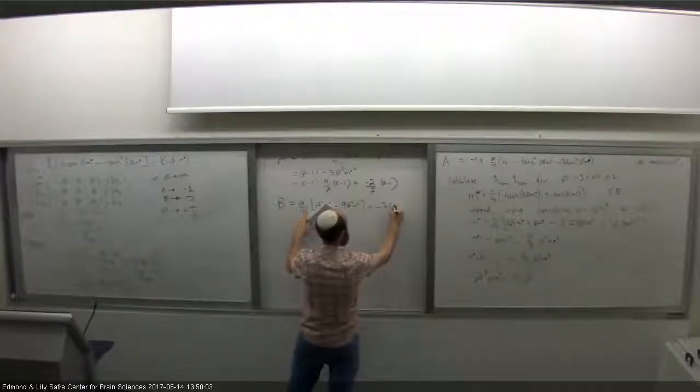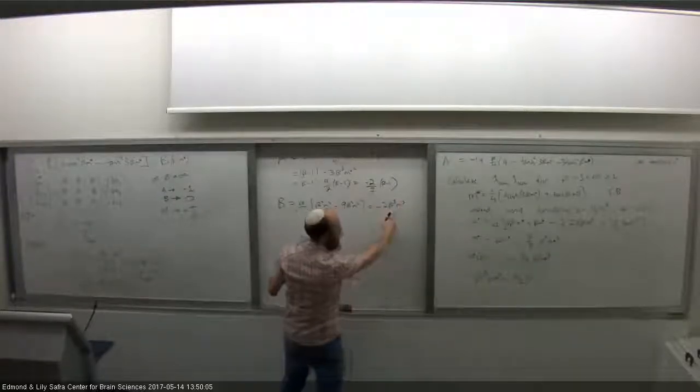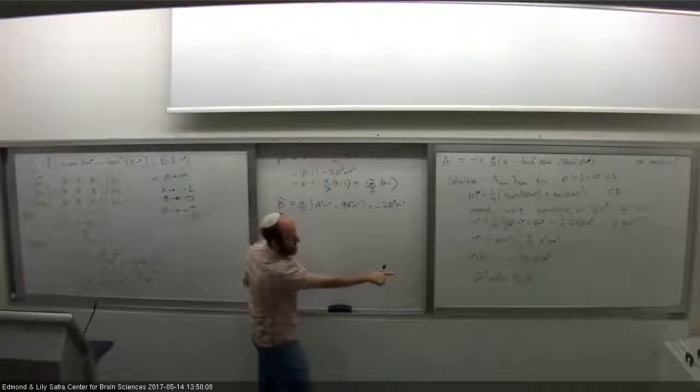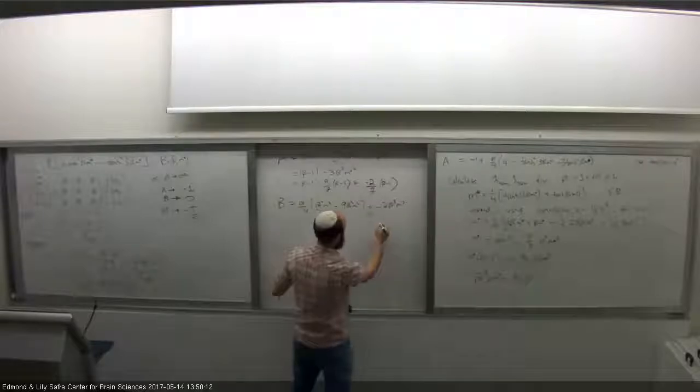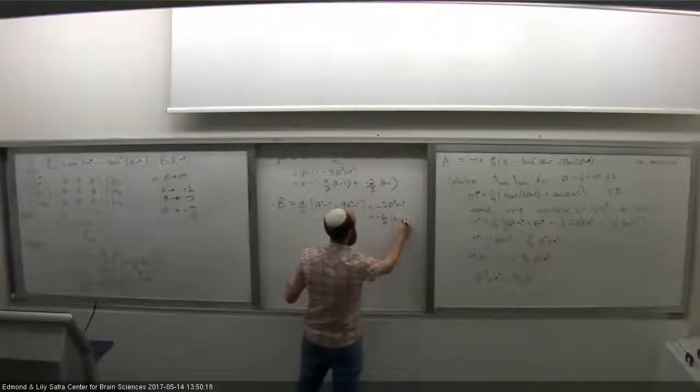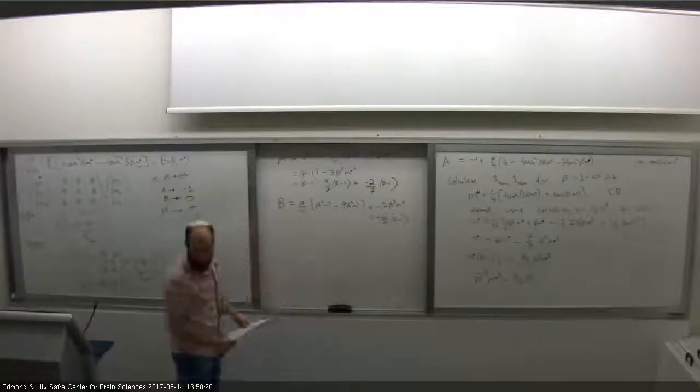We have a beta outside, minus 2 beta cubed m squared. Again, beta cubed m squared in this regime is approximately 3/7, so we're going to get that B is approximately minus 6/7 (beta minus 1), a small parameter.